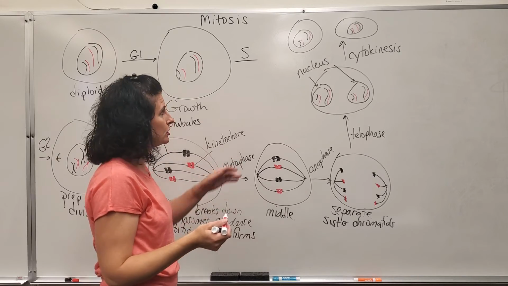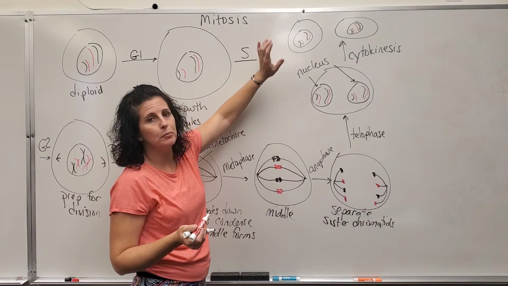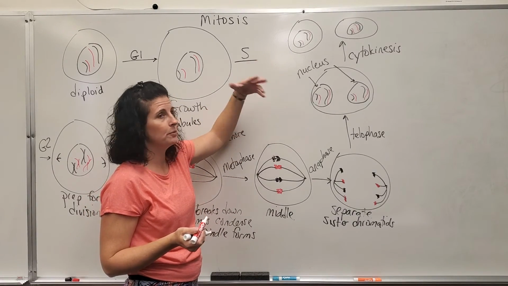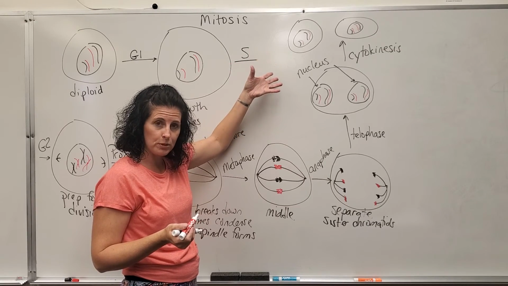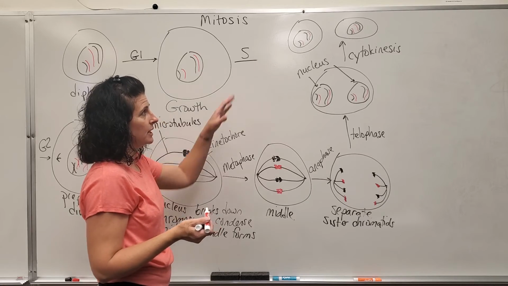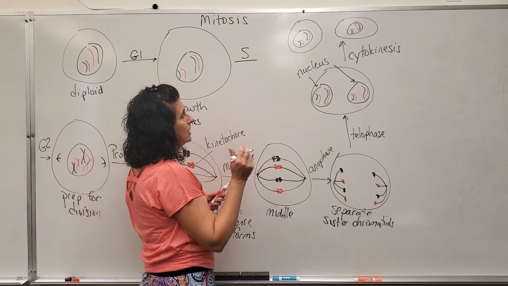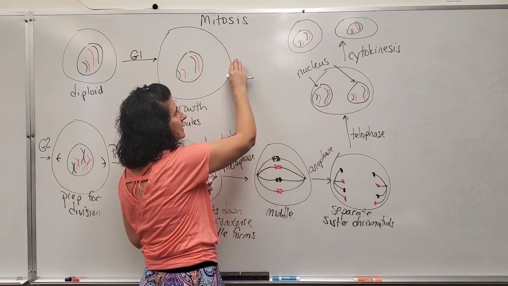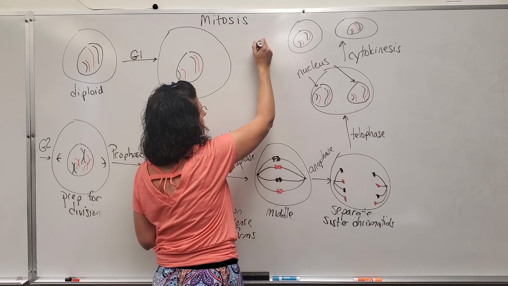So our homologous chromosomes are still present, but they're no longer duplicated. So we have a chromosome 1 from the egg and a chromosome 1 from our sperm. So that cytokinesis produces those two identical diploid cells.